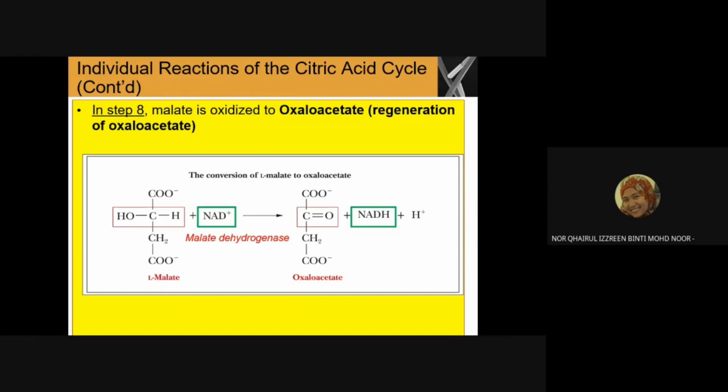Step number 8 is where malate is oxidized to oxaloacetate and we regenerate the oxaloacetate. This is the final step. Malate dehydrogenase oxidizes malate into oxaloacetate and transfers the electrons onto NAD+, forming NADH. Whenever there is a transfer of electrons, we also transfer hydrogen ions, because they go together.